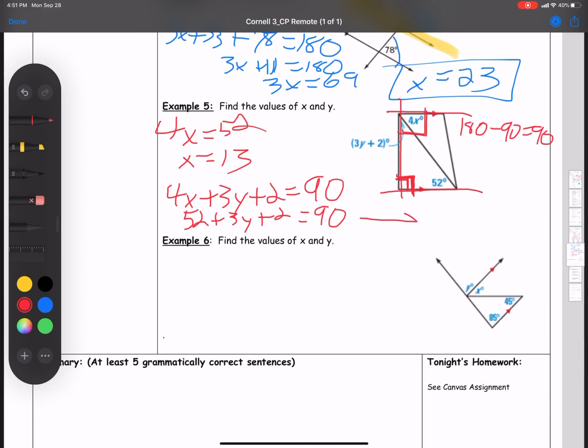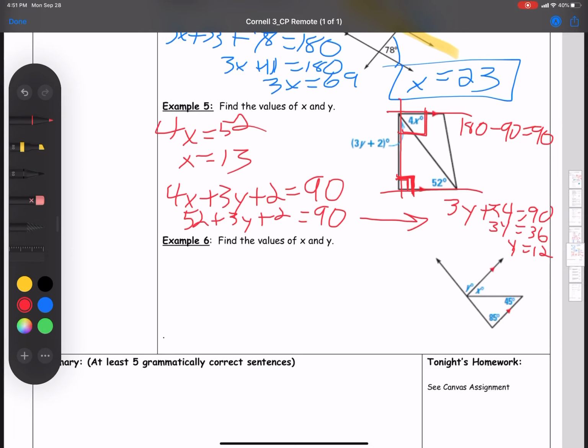I'm going to continue this equation over here because I'm out of room. Combine your 52 and 2. You get 3y plus 54 equals 90. Subtract 54 from both sides. You get 3y is 36. Divide both sides by 3, and you get y equals 12.